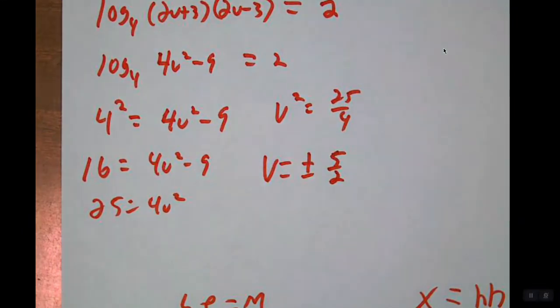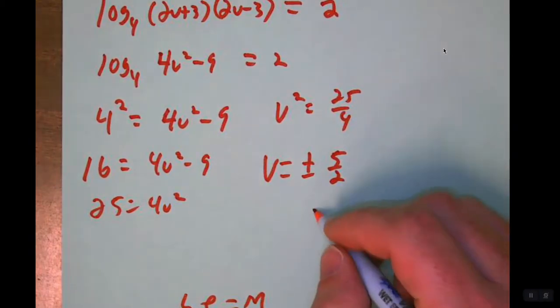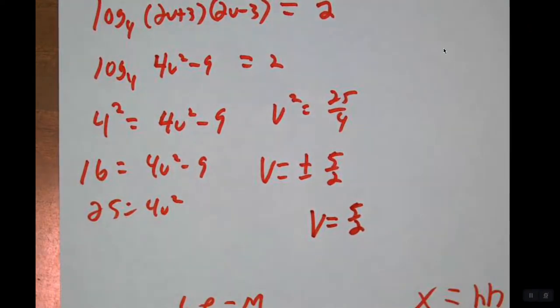The weird thing is that if you know your logarithmic domains, you can't have the negative 5 over 2. So v is just 5 over 2, because the negative 5 over 2 is what we call extraneous. You can't have negative, remember that's not part of the domain, right? So that's number 11.